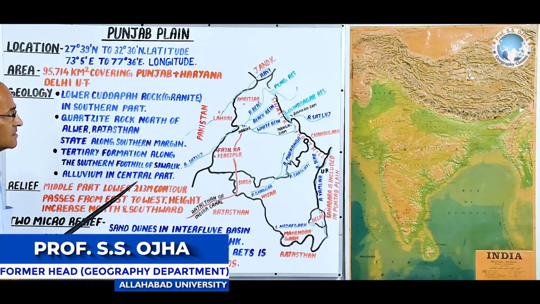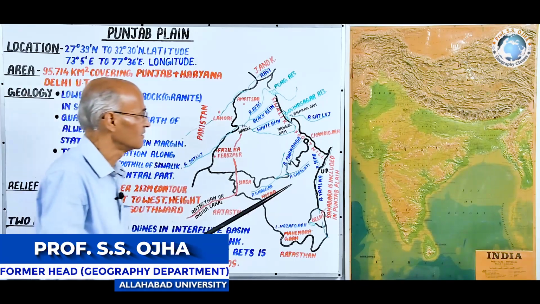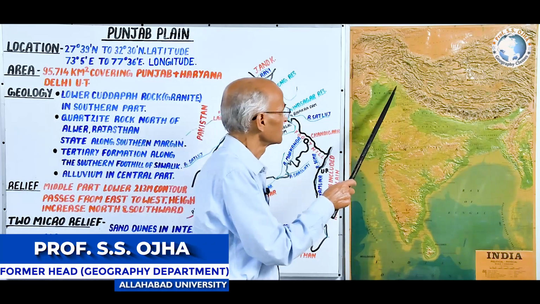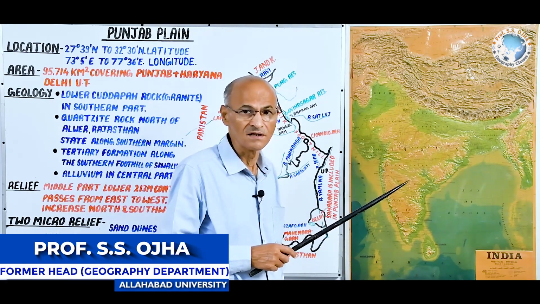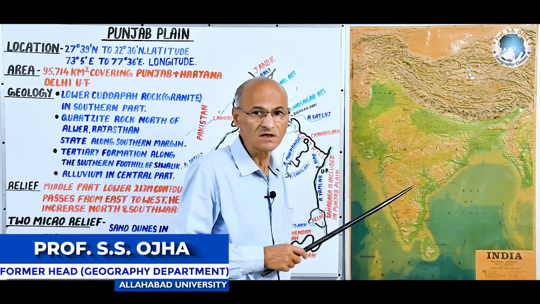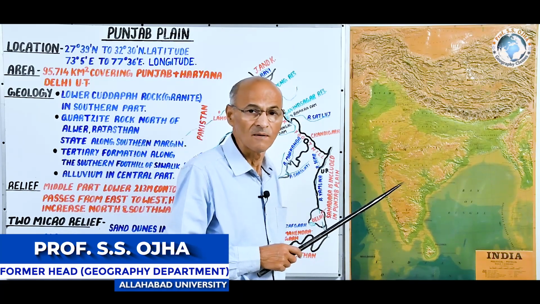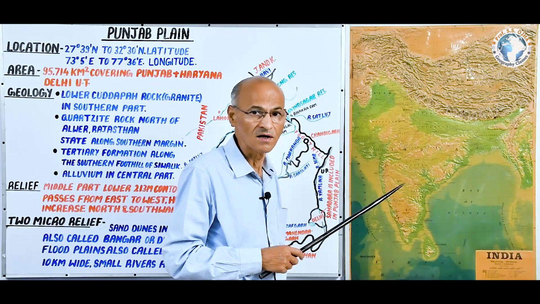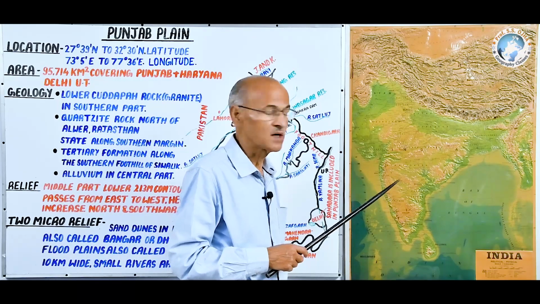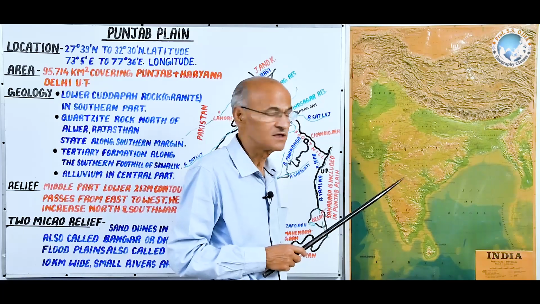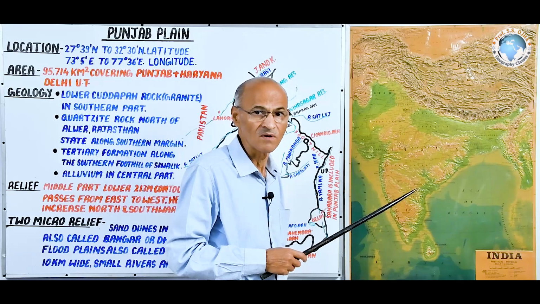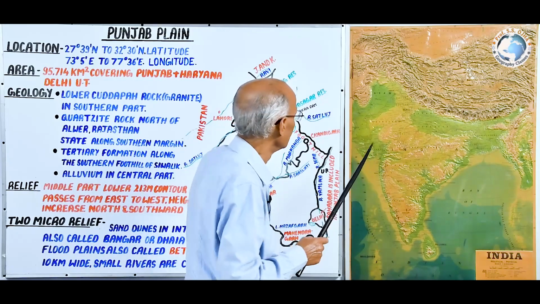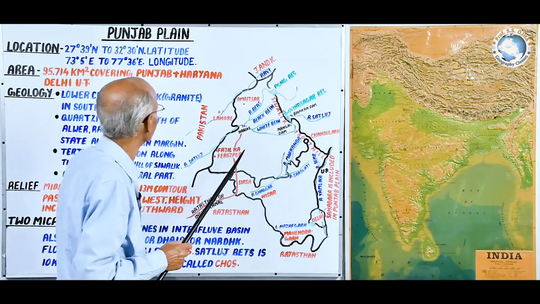Now its geographical location. Geographically it is located in the northwestern part of India, and it lies especially in 3 states. Number 1, Punjab, 2, Haryana, and 3, most part of Delhi Union Territory, and it has been largely formed by river Satluj and a number of its tributaries.